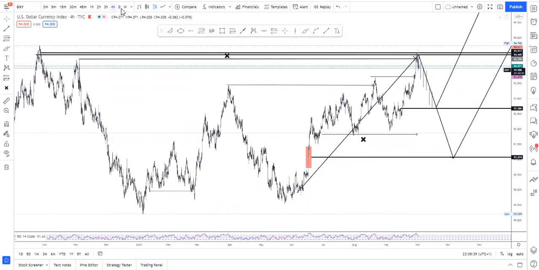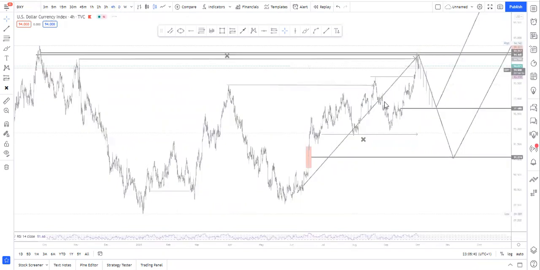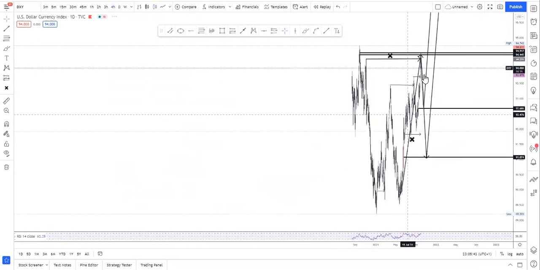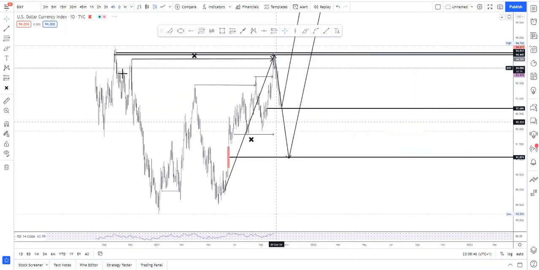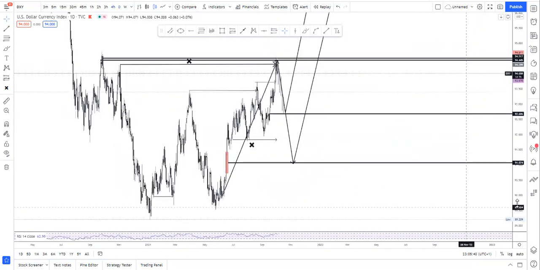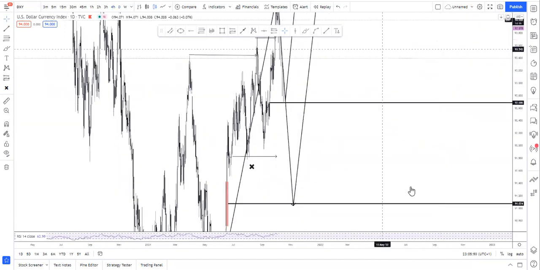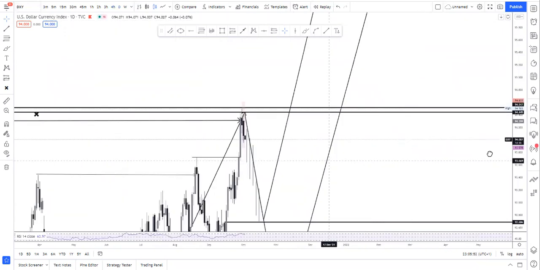If we should go on the daily time frame, we saw how price sniped the daily order block, clearing this liquidity, and we saw how price closed last week.